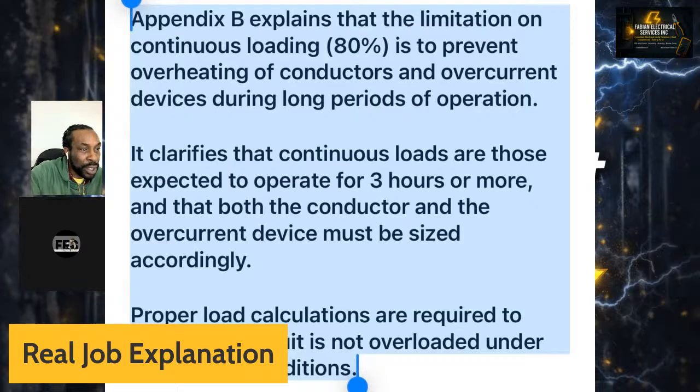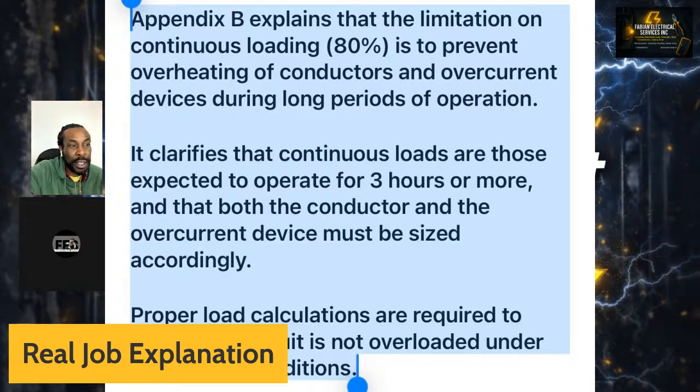So this is basically Appendix B. So this is the other rule for the 14-100, I believe. It says Appendix B explains that the limitation on continuous load 80% is to prevent overheating of conductors and overcurrent devices during long periods of operation.